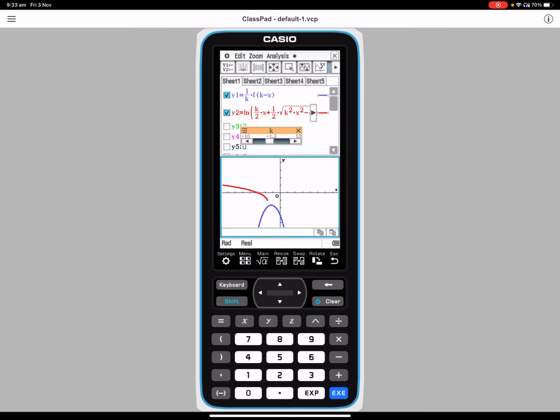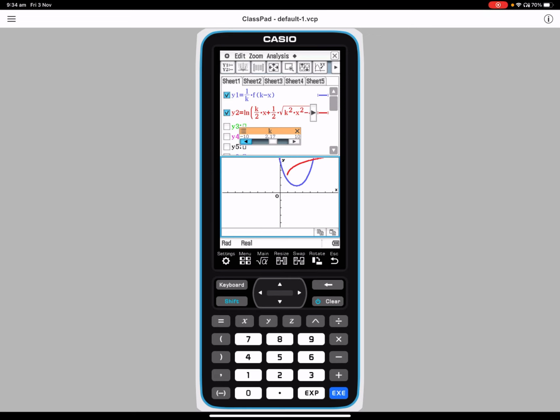So hang on. The inverse of h1 is that. H will intersect. Oh, k has to be positive, doesn't it? Okay.